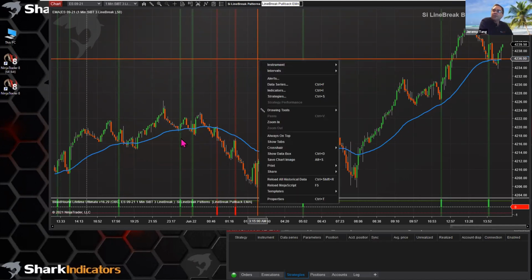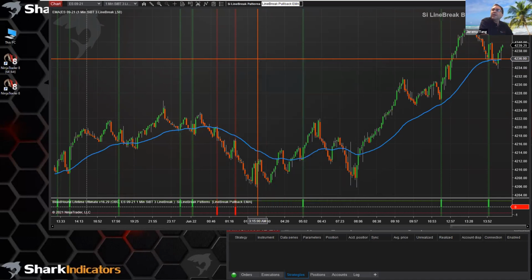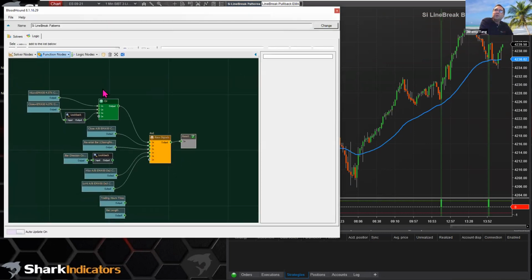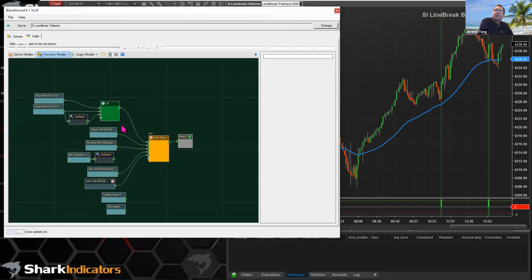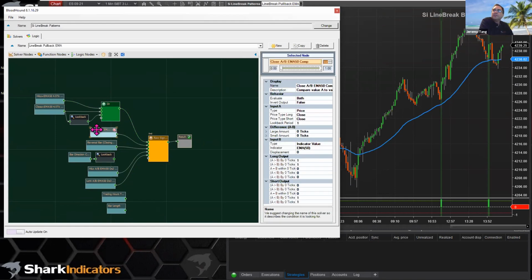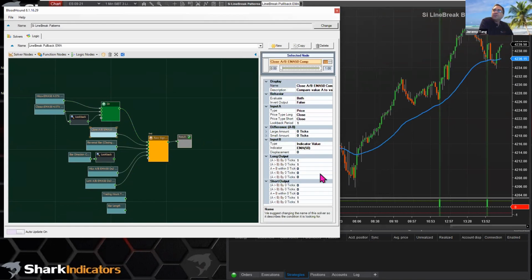If you build a chart that you like, you can save that chart template, so you're saving all the indicator settings and chart properties. The same concept applies to BloodHound: when you've built a system, you save it out as a template, and it saves all your internal settings.